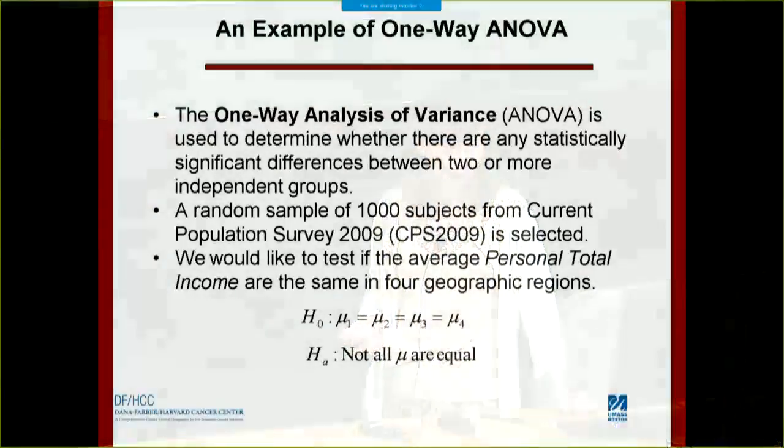Now suppose we have more than two groups. Then we cannot use the t-test. If we have three or more groups, we need to consider the one-way ANOVA to compare means.